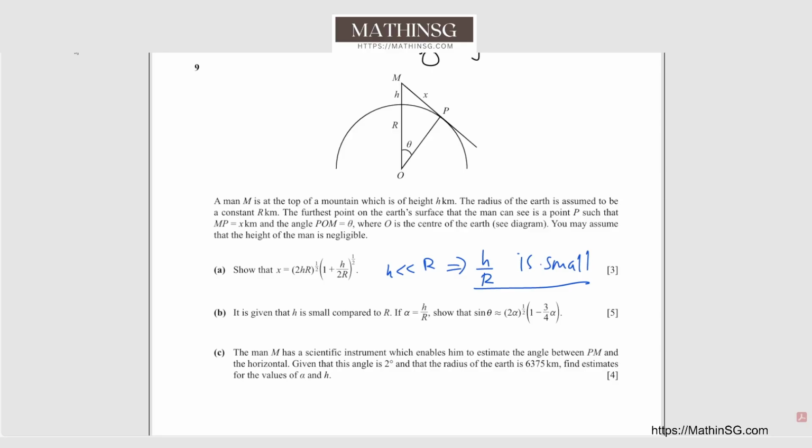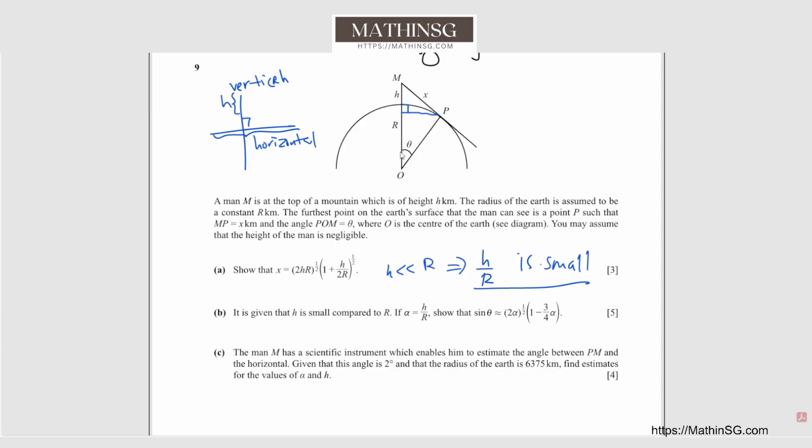In other words, the horizontal will be perpendicular to this line here, MO, because height is the vertical, and vertical always has height, so here is h. So the horizontal is basically a line perpendicular to the vertical.